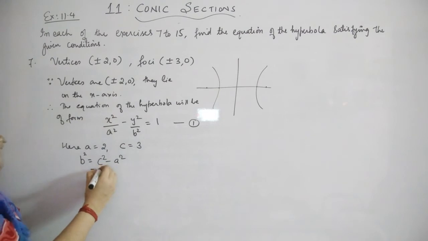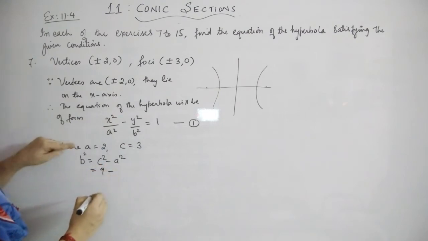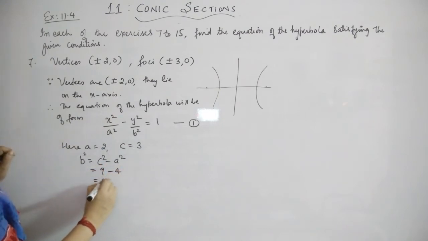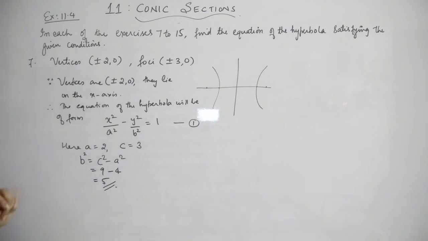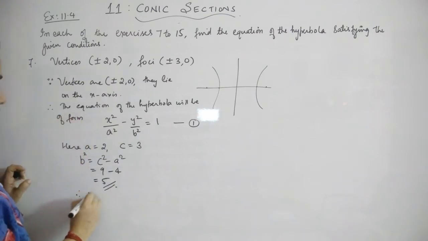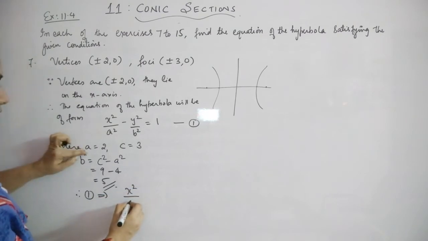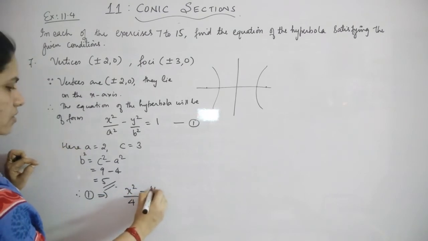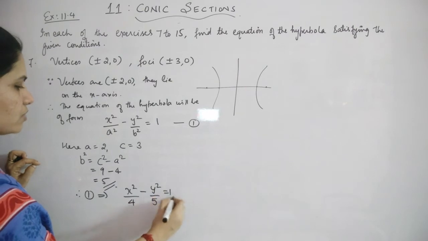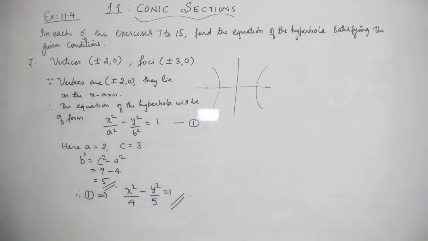C is 3 means c square is 9 minus a square is 4. So you are getting b square as 5. We need b square, so we can stop here. Therefore, equation 1 becomes x square by 4 minus y square by 5 equal to 1. So this is the equation of the hyperbola.